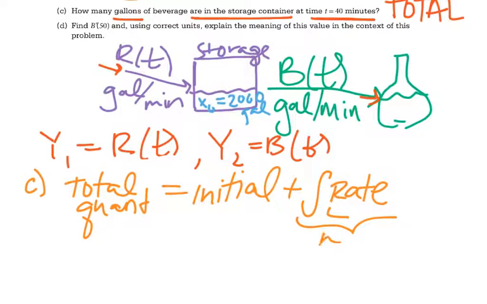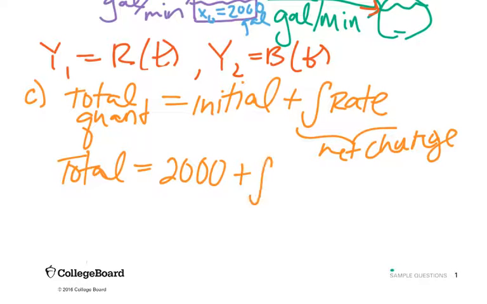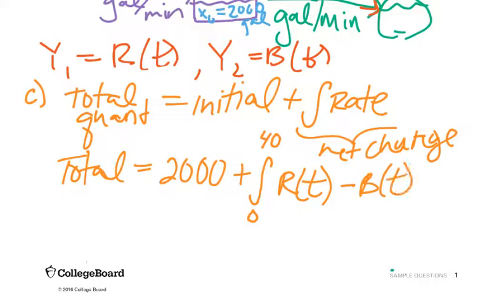We want this integral to give us the net change. So it needs to consider both what's flowing in and what's flowing out. So the way we'd actually need to do this is we could say the total equals 2,000, because that's how much we started with, 2,000 gallons, plus the integral from 0 to 40 of R of t, so that's how much is flowing in, minus B of t, and that's the rate that it's flowing out.